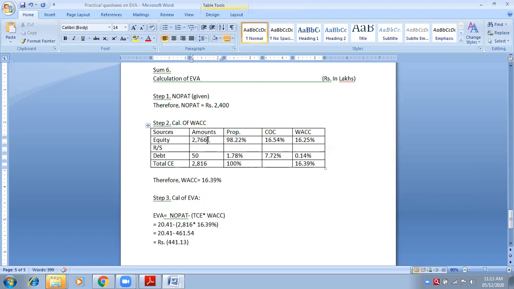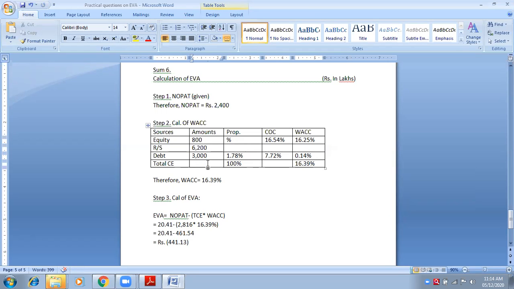What is the amount of equity? 800, ma'am. Okay, very good. What is the amount of reserves and surplus? 6200. What is the amount of debt? 3000. So what is the total capital employed?